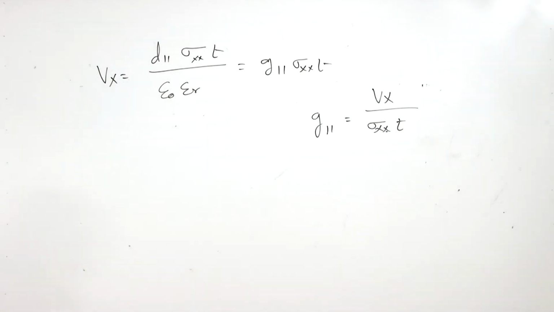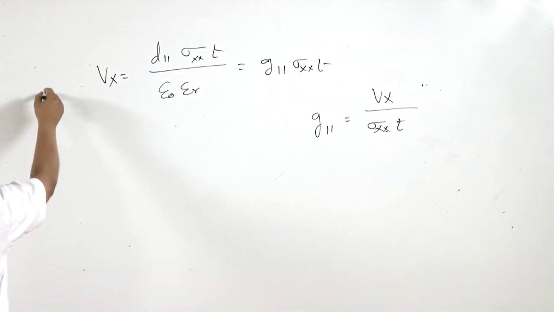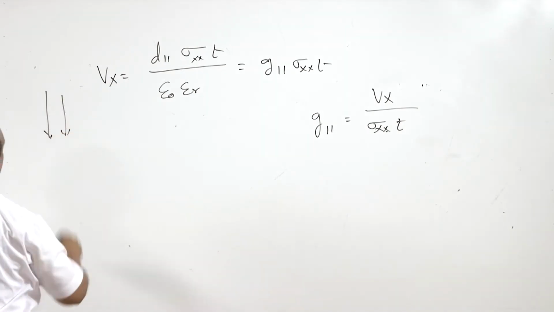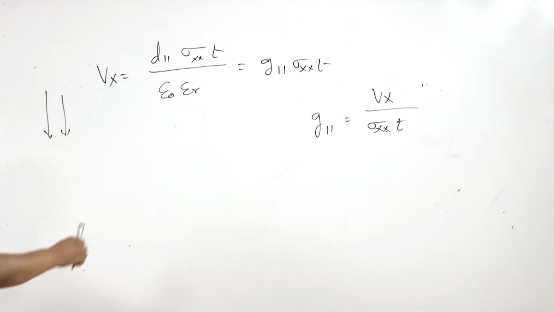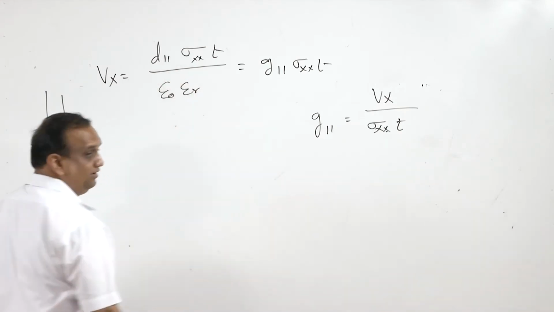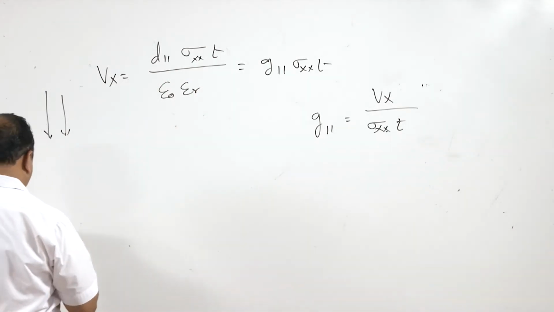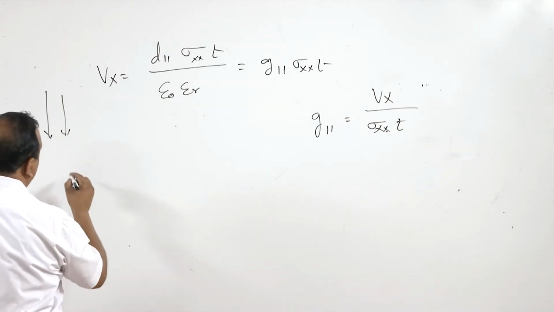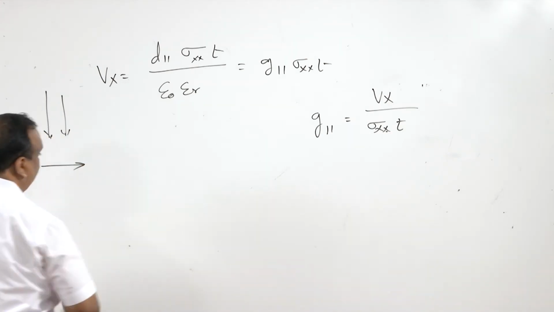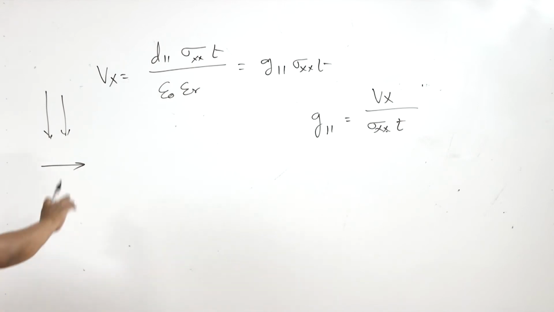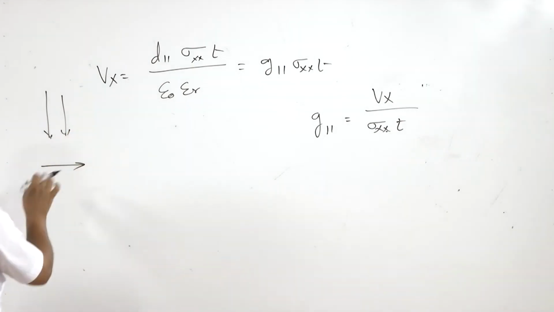Now, for force in y direction, suppose now we have taken the force and electric axis and mechanical is the same. We have taken D11. Now, in the second case, when force is applied in the y-axis, charging will be there in the x-axis, force is applied on the y-axis.